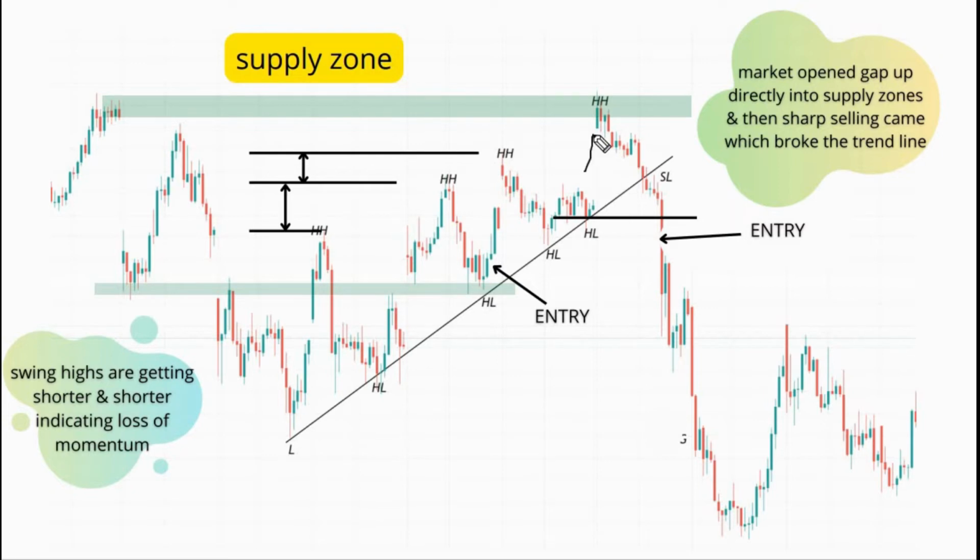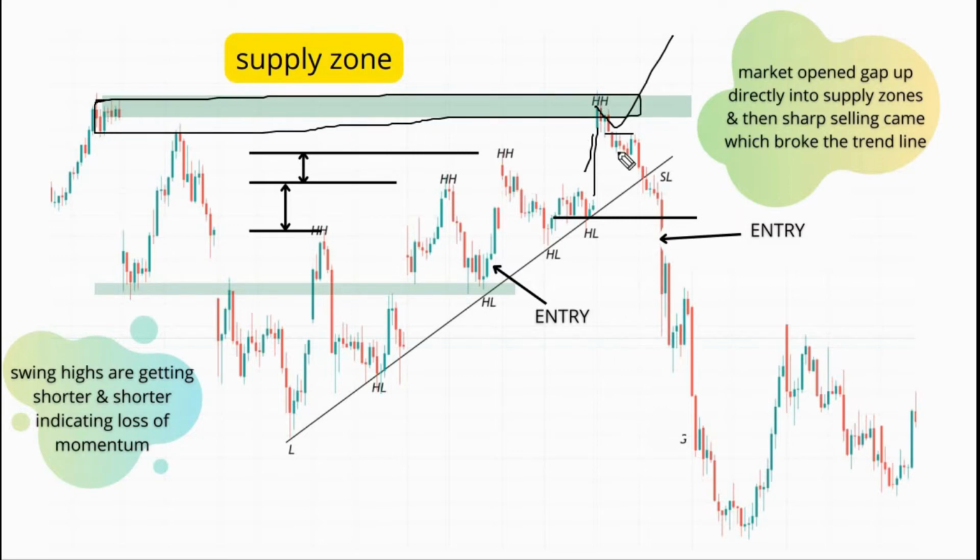Okay, so if buyers were very strong, after this gap up, prices should have continued its upward momentum after forming a swing low. But what was happening, after this gap up, prices couldn't break this important supply zone, and we saw a sharp selling momentum for the first time in this uptrend, which broke this trend line also.